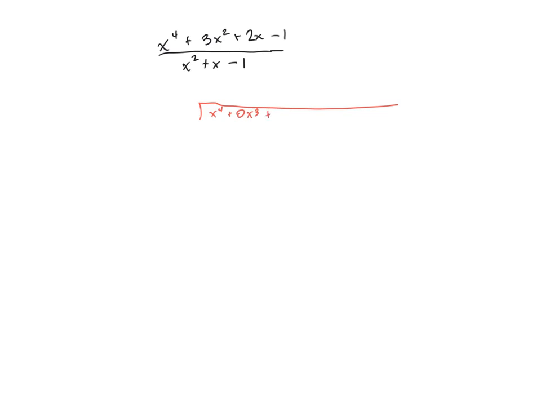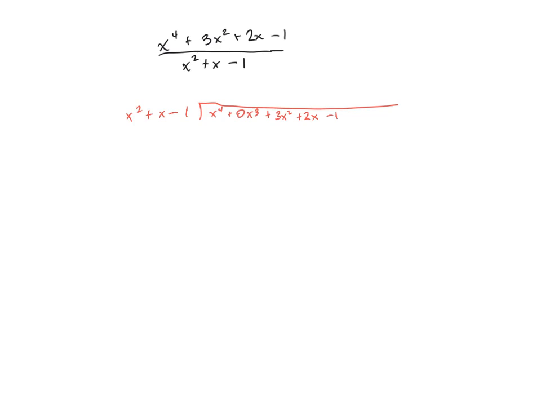And then I have 3x squared, I do have an x term, and I do have a constant term. And on the outside, I'm going to put my divisor. I don't have any missing terms here. My highest degree term is 2, and then I have an x term, and then the 1. And then my process is going to proceed exactly as before.